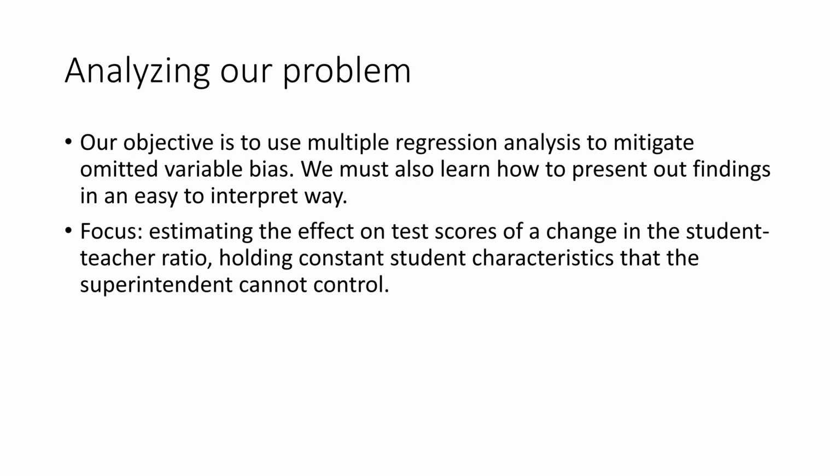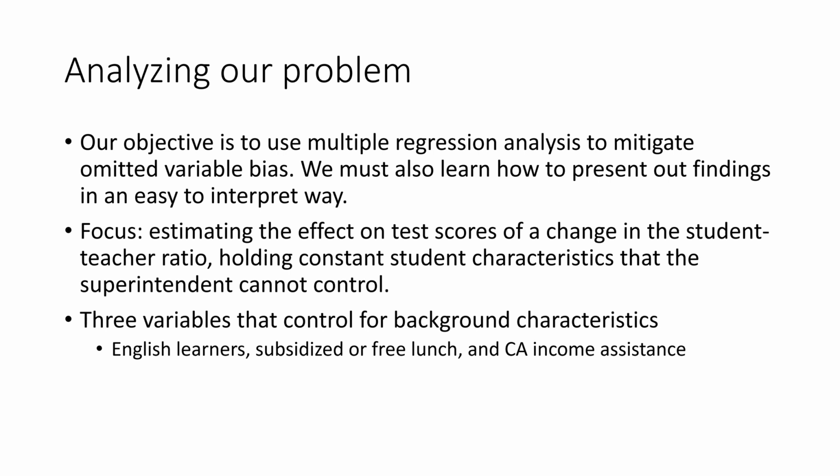The superintendent cannot control how many people know English. They cannot control how wealthy their students are. They cannot control these things. So we need to control for them. We need to make sure they're included in our regression. So we're going to start with 3 variables: English learners, subsidized or free lunch, and California income assistance.